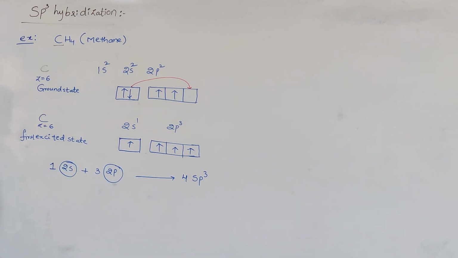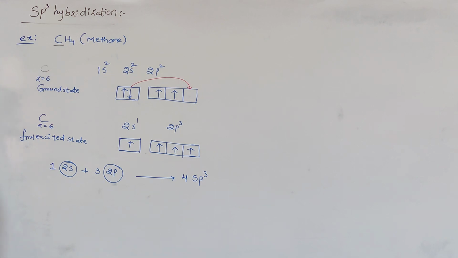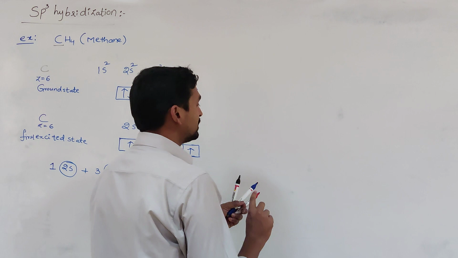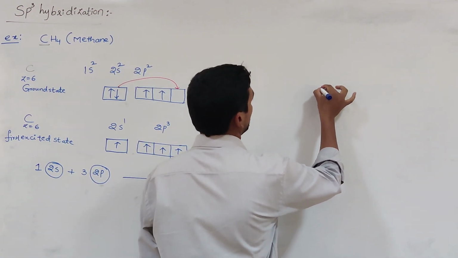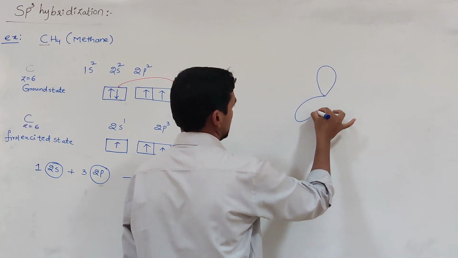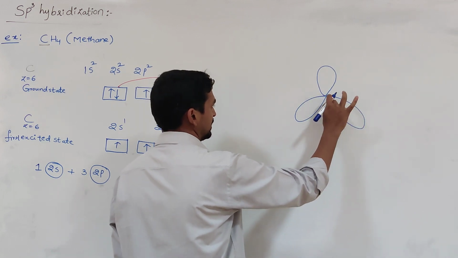So these 4 sp3 hybrid orbitals are present around the carbon in tetrahedral geometry. That means the 4 hybrid orbitals are directed towards the 4 corners of the tetrahedron.